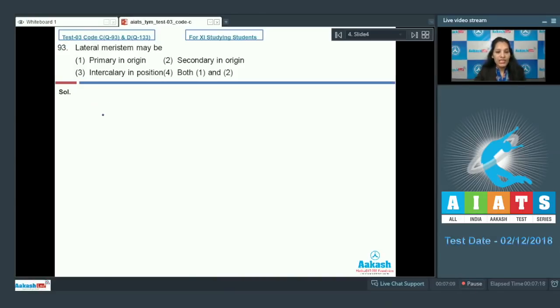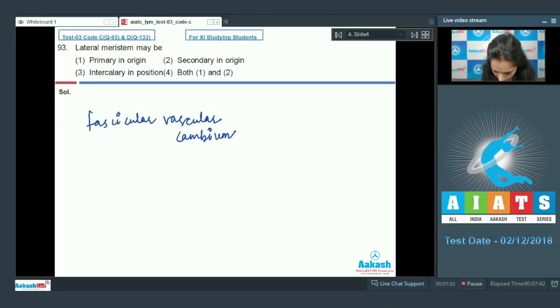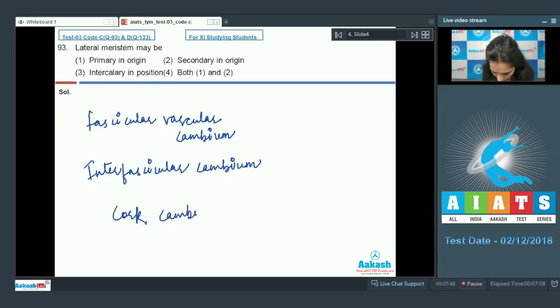The examples of lateral meristems are fascicular vascular cambium, interfascicular cambium and cork cambium.